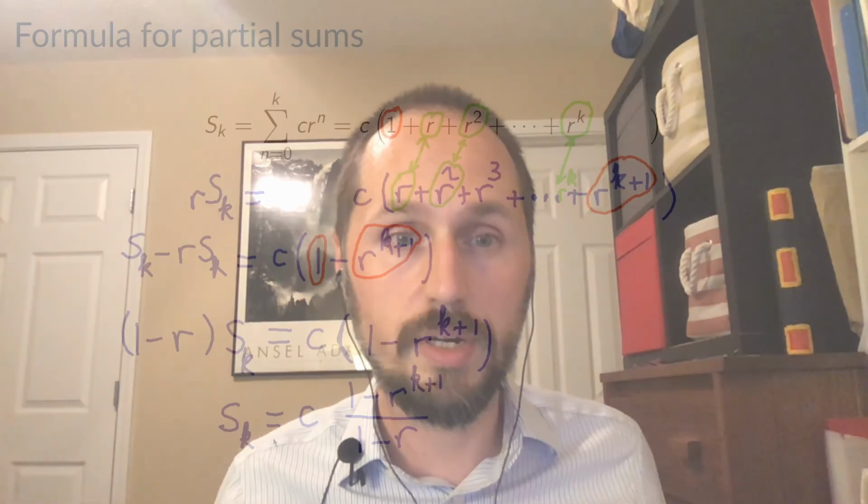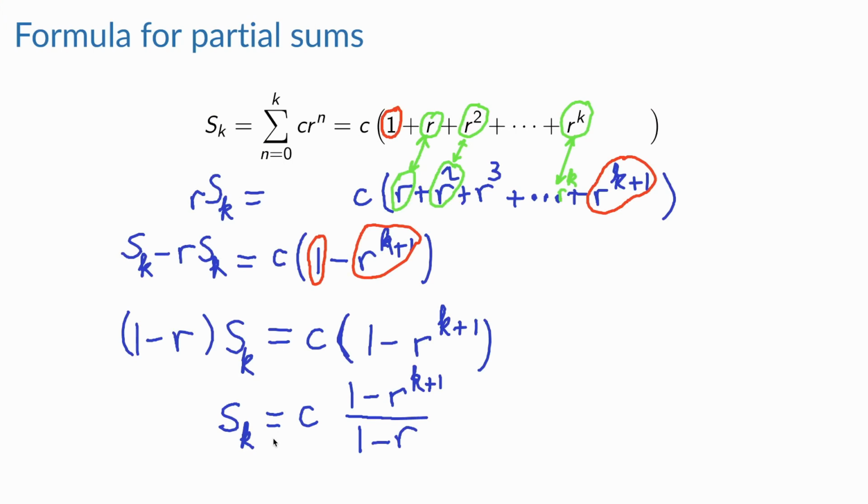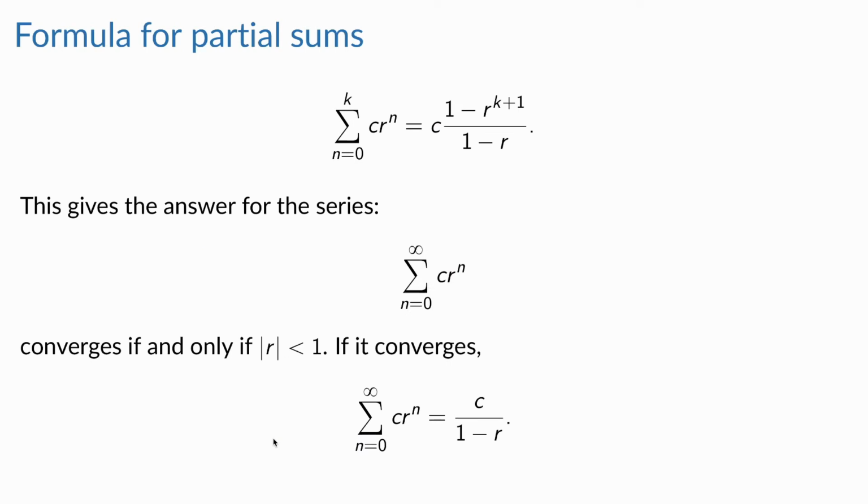Okay, I did something a little bit illegitimate here without making an assumption on r. So I'd like you to think about what it is that I did, what r value messes this up, and what you get in that case. Okay, so the conclusion from this is that we have a formula for the partial sums of our geometric series. And that allows us to conclude what the actual infinite series does.